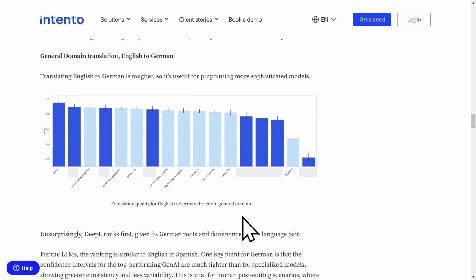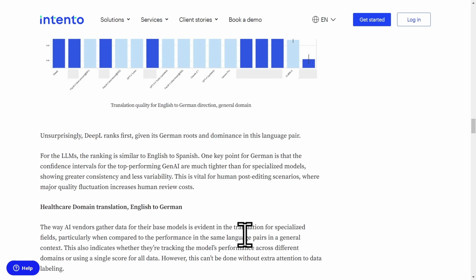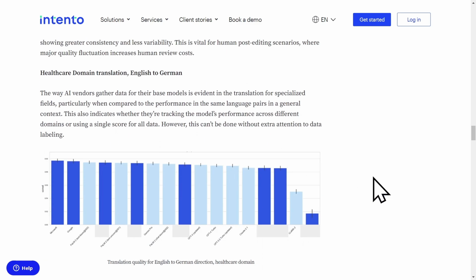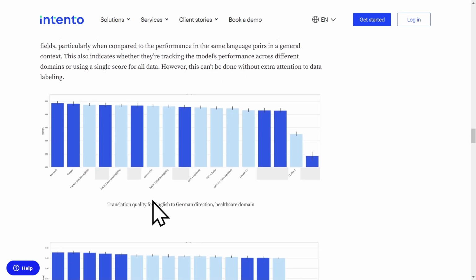Now, the same test, general domain still, but English to German. Okay, so we see here how they perform. And as they note, DeepL ranks first. It's a known fact that when German is involved in a language pair, usually DeepL will come up on top. Now they've also adapted the test to healthcare translation, and you can start to see a trend.